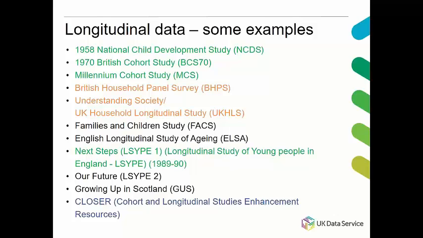So we also have the British Household Panel Survey and its successor, Understanding Society, or UK Household Longitudinal Study. And then we have some others like ELSA, the English Longitudinal Study of Ageing, and Families and Children Study, Our Future, LSYPE2, Growing Up in Scotland. And I will also refer to Closer, the Cohort and Longitudinal Studies Enhancement Resources.